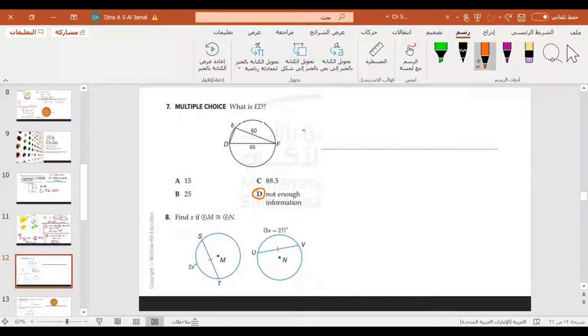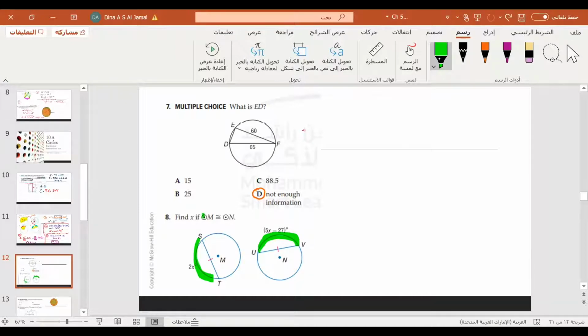Find x, question 8. Find x if circle M is congruent to circle N. So whenever you are having two congruent circles with congruent chords, that means your arcs will be congruent also.